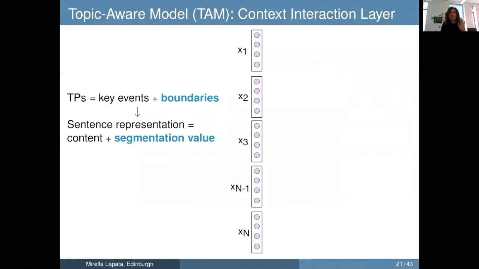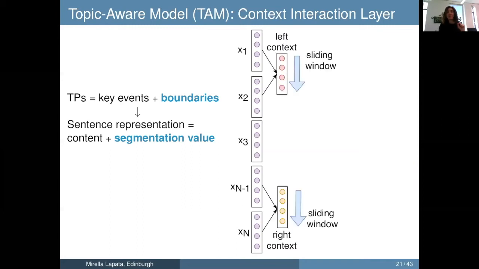So here's how it happens. We have these turning points that are key events that happen at the boundaries of sentences, and we need to express whether a given sentence is similar or different from its surrounding context. So assume here I want to build a representation for X3. In this case, I will take the left context and the right context and average them together. And this is a representation of its context. I have a sliding window so that I will do it for other sentences as well.